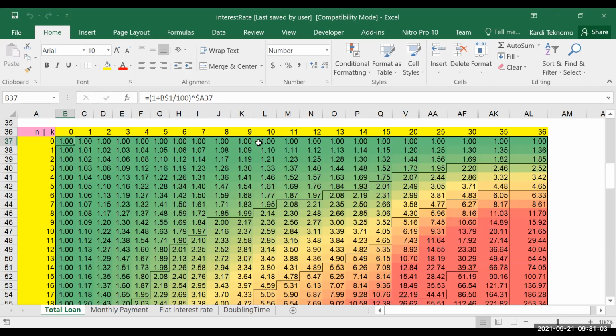Yes, but for example, after 10% and 0n, you still put 1 in here, right? Yes, because the time is still 0. It's still right now. And how about this? The time is 10 years and 0 interest, you still pay 1 in here.